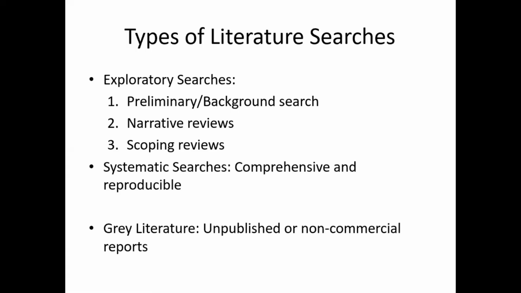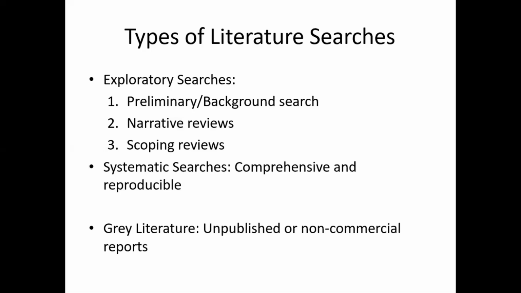So it typically does not include grey literature. So it's from systematic searches that we have systematic reviews, and then data from those reviews is analyzed via meta-analysis, and then that evidence can inform clinical practice.